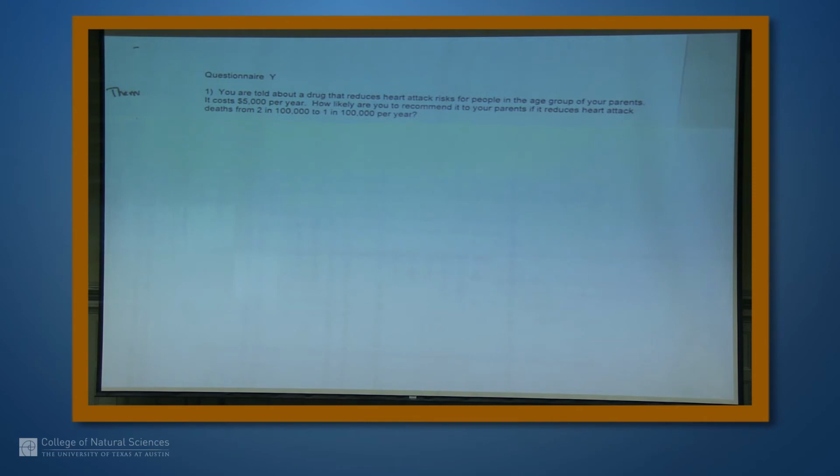The two mean the same thing. The first description doesn't tell you what the overall risk is. It just says whatever the risk is, it's reduced by 50%. Which manner of presentation do you think the drug companies prefer? The first one, which is a presentation of relative risks.